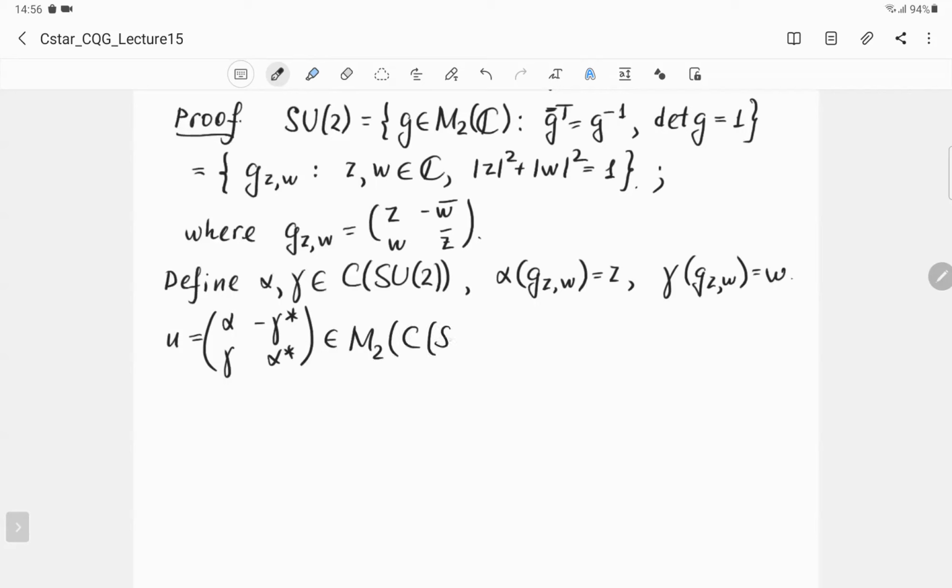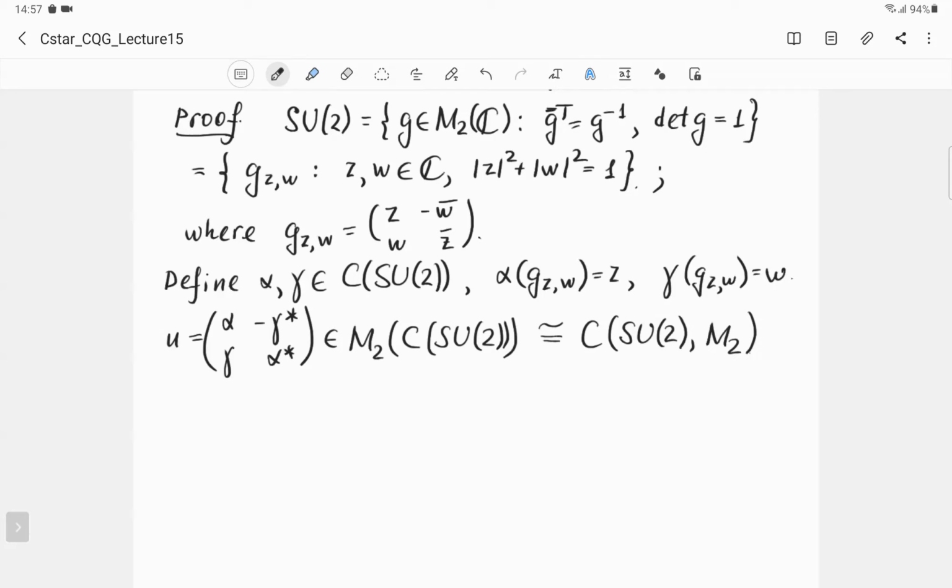And to show that this matrix is unitary, let's observe that this algebra is naturally identified with the algebra of continuous functions on SU2 with values in 2 by 2 matrices. So a matrix of continuous functions is the same thing as a continuous function with matrix entries.